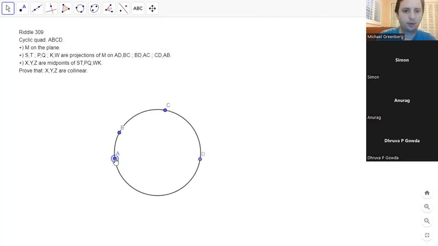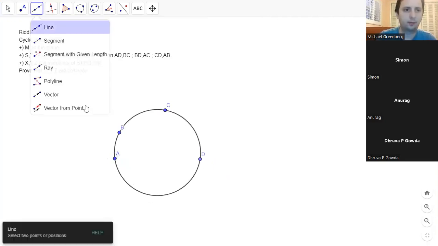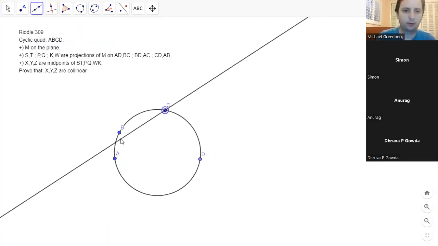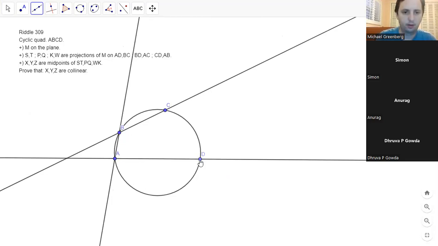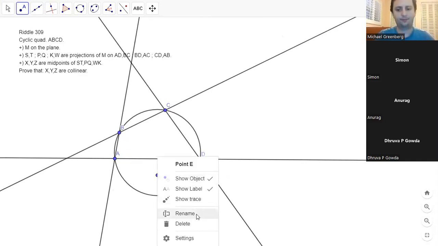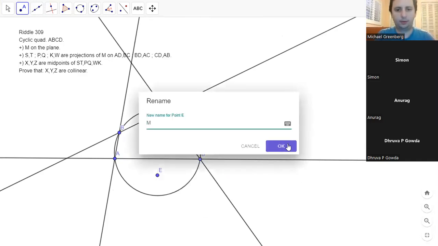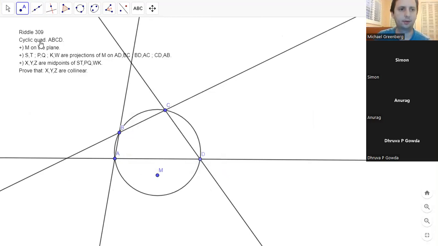So basically we draw the complete quadrilateral. And we have a point M that can be anywhere. And we draw the perpendiculars onto all these.